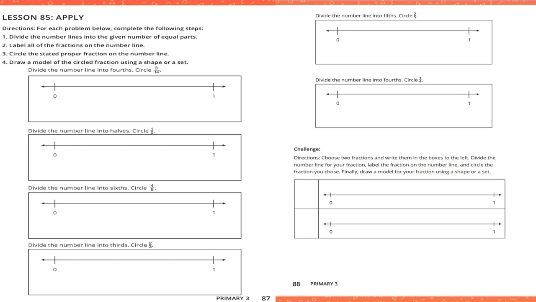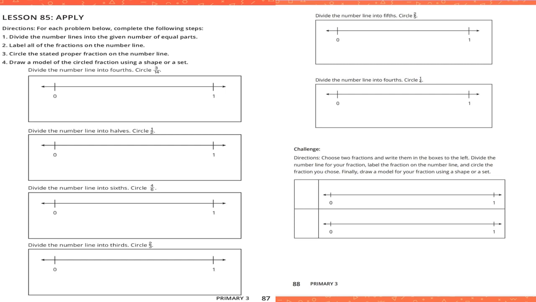Fourths, it means how many equal parts? Yes, 4 equal parts. And circle 3 over 4, not 14, that's a mistake. 3 over 4.